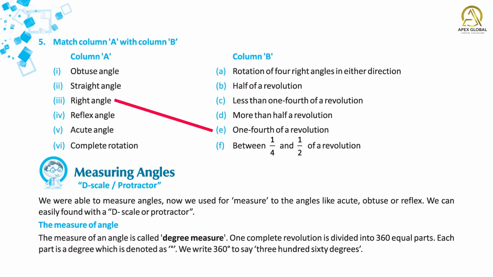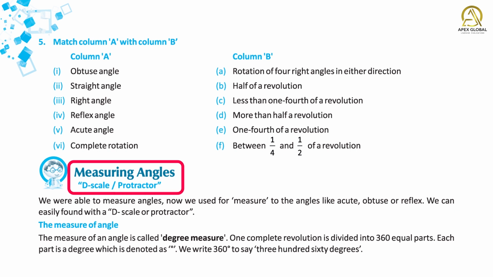Third, right angle to E, 1/4 of a revolution. Fourth, reflex angle to D, more than half a revolution. Fifth, acute angle to C, less than 1/4 of a revolution. Sixth, complete rotation to A, rotation of 4 right angles in either direction.